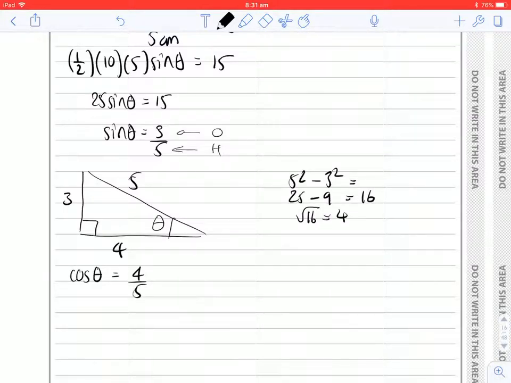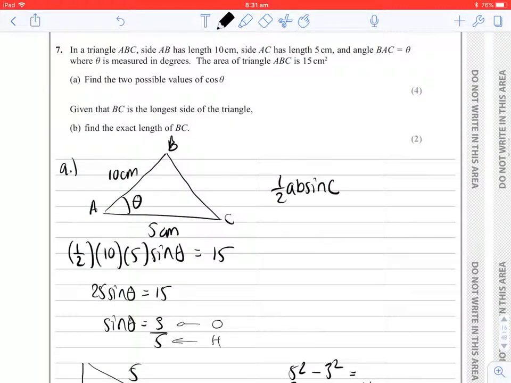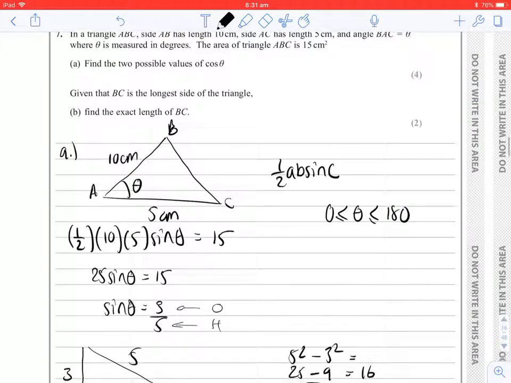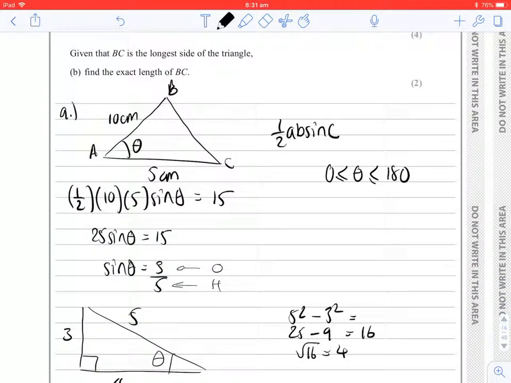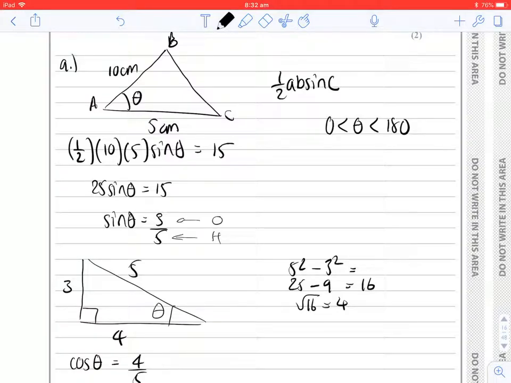Now, it says two possible values and we've only got one possible value here. The reason for that is because we're in a triangle, that angle could be somewhere between 0 and 180 degrees. It can't technically be 0 or 180, but somewhere between.